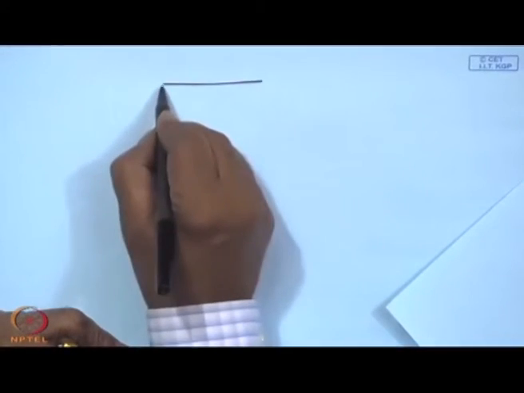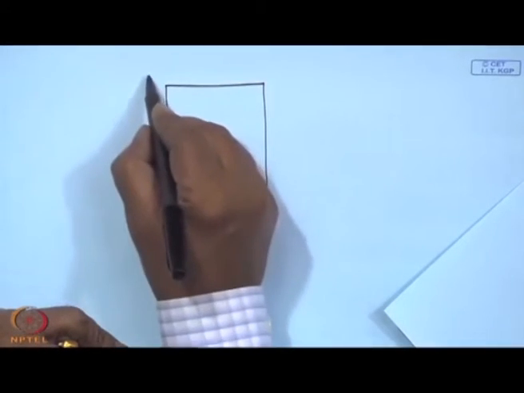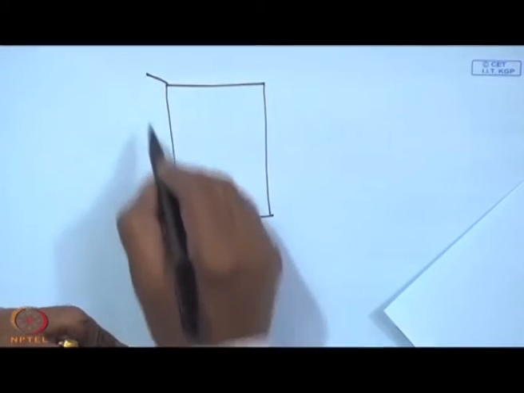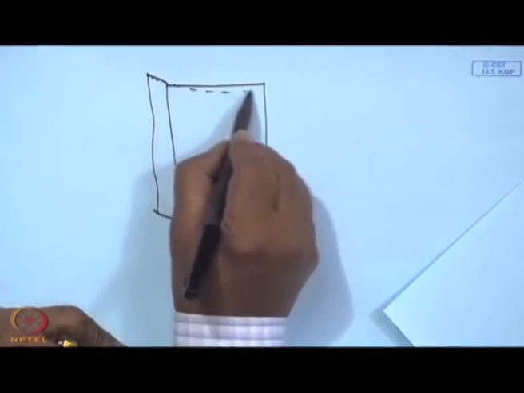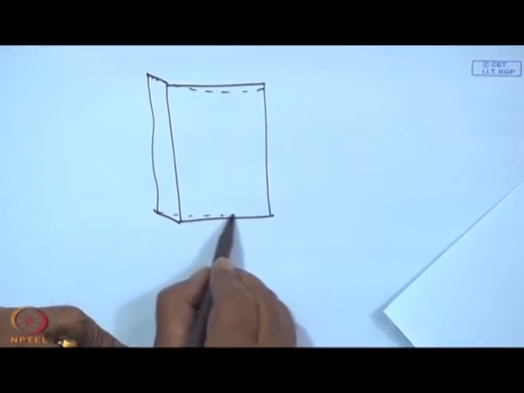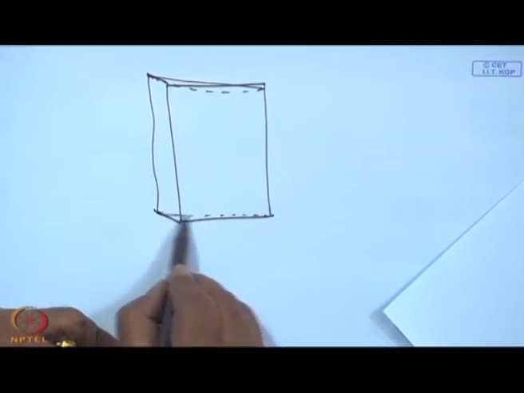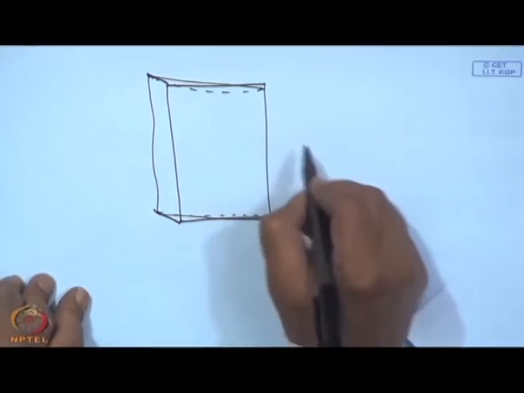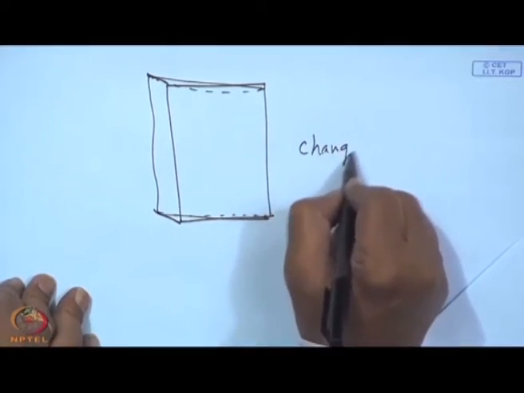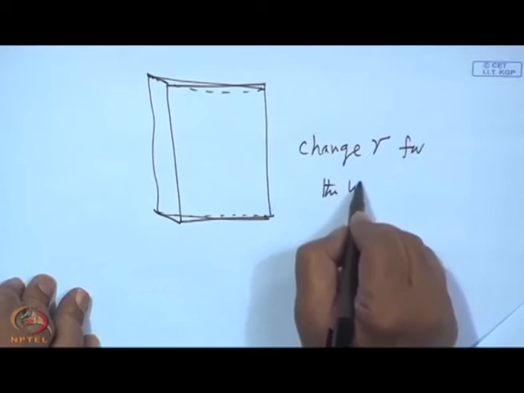Let me try. Yes. So, from here you join. So, this will form the shading plane in the case of a wing wall. So, you can say the same thing, in other words, you change gamma for the wing wall.